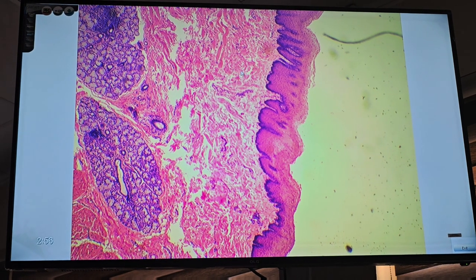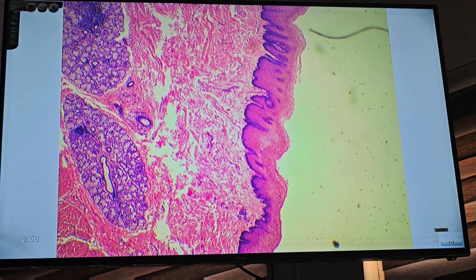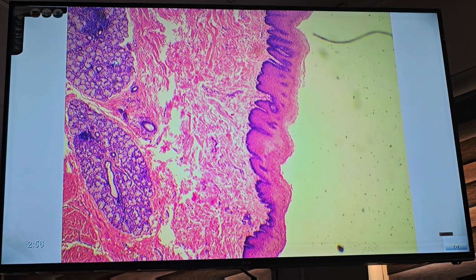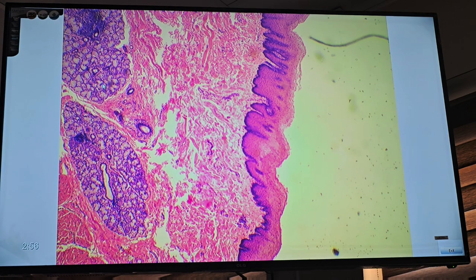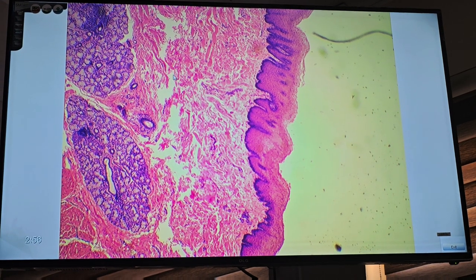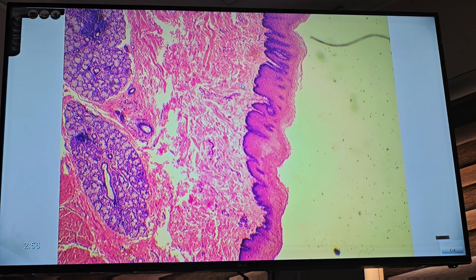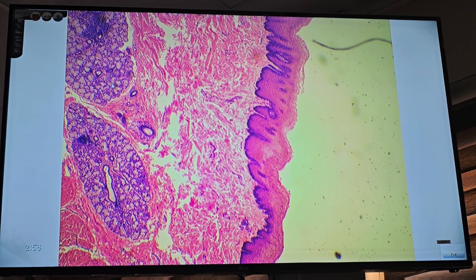It consists of stratified squamous non-keratinized epithelium. Beneath is lamina propria of loose connective tissue with minor salivary glands called labial glands. This is the inner surface of the lip, consisting of mucosa with labial glands.